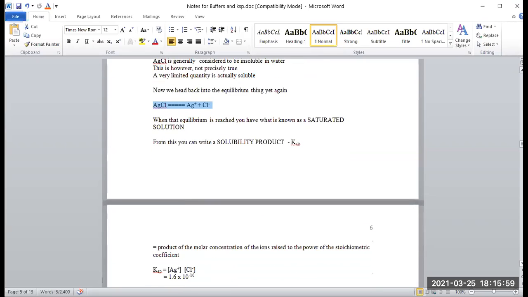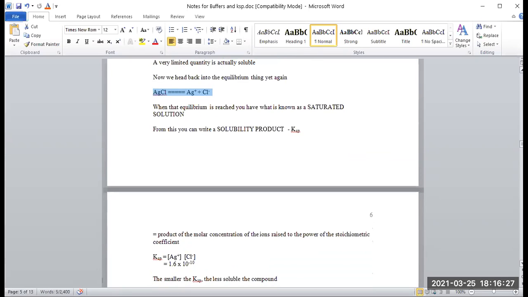More fun new letters of the alphabet to use as subscripts underneath our capital letter Ks. We had KCs and KPs, then KW and KA and KB. Now we've got KSP. And the SP stands for solubility product. All right, so let's look at the description.